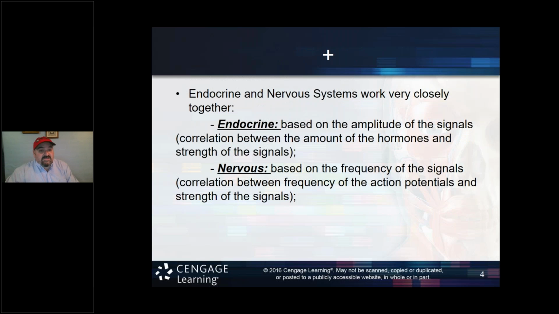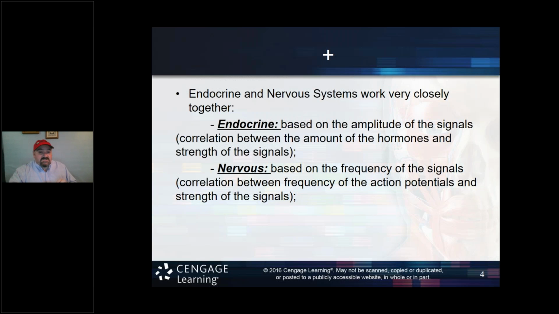You'll see here, as far as the endocrine and nervous system working close together, I said this before. The endocrine system produces these hormones, these chemical messengers that are sent throughout the body to create change in areas where there are specific receptors.